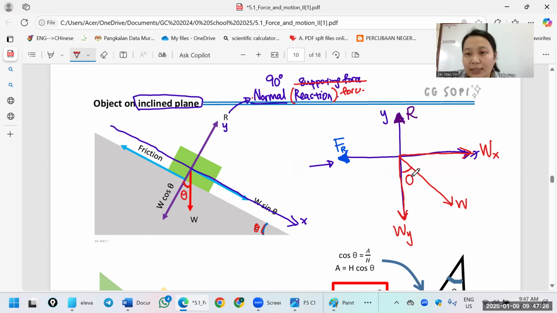Always stick to the y-axis. You memorize this. It always sticks to WY. The angle always sticks to Y.